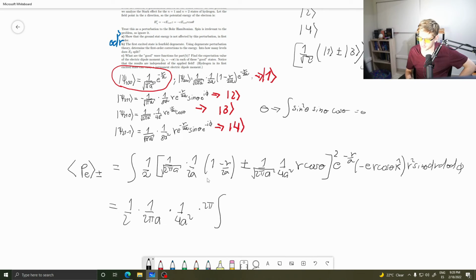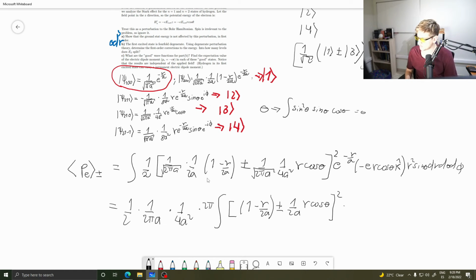Okay, so then the integral, and what do we have left in the bracket? We get 1 minus r over 2a plus or minus, and then we have, let's see, only 1 over 2a remaining, r cosine of theta, right? Yes.